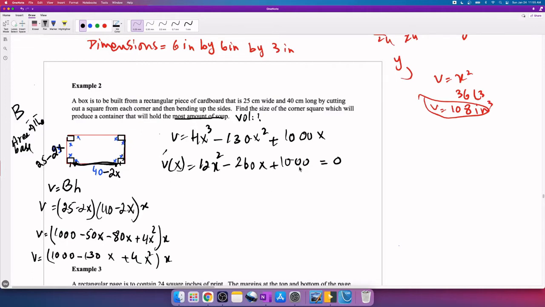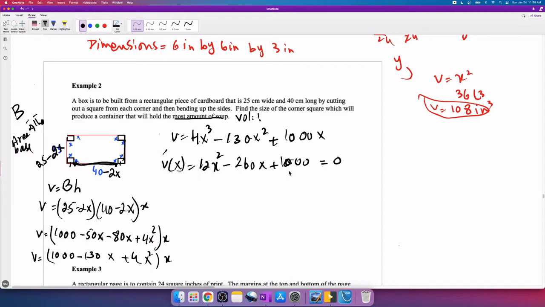If it was a calculator-allowed question, I'd just graph this, make another tab equal to 0, and find the point of intersection. But you can understand that 1000 is a huge number, and 260 is also big. So we can find a number to make it smaller. It's not going to change anything. To make it smaller, divide all three coefficients, 1000, 260, and 12, by the same number.